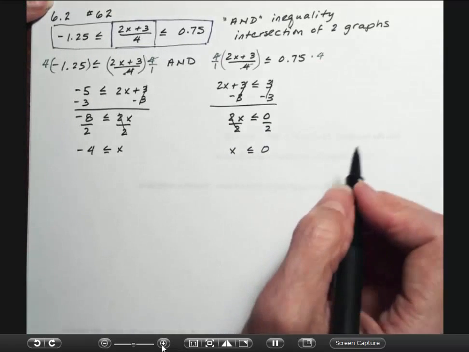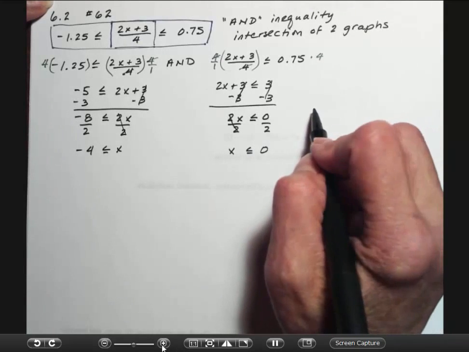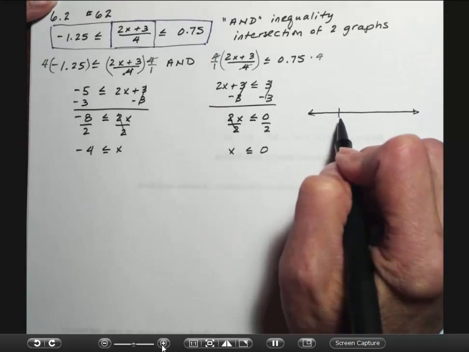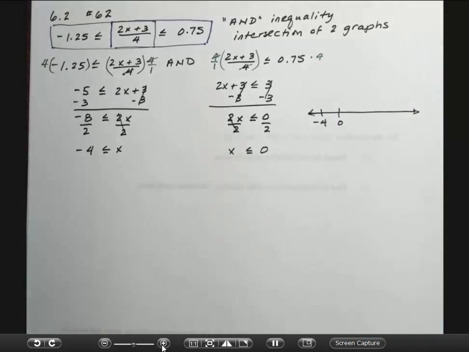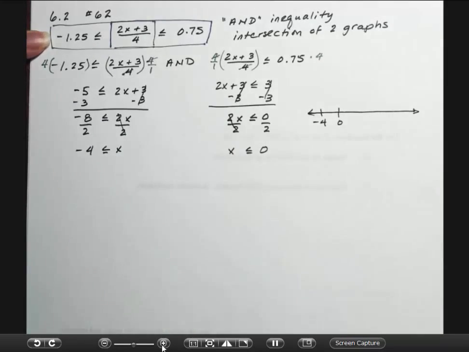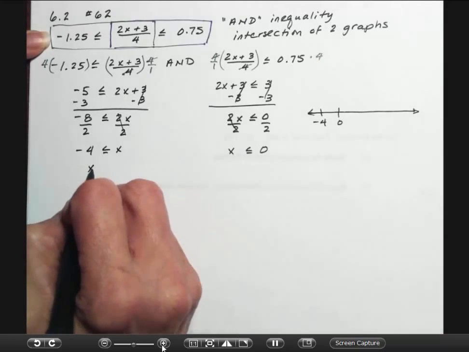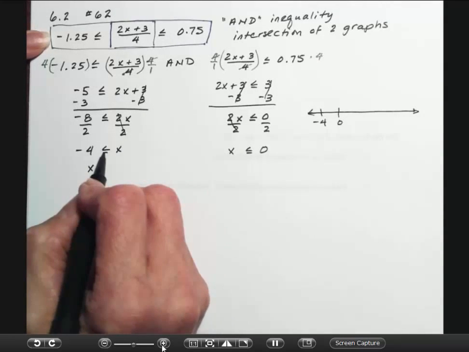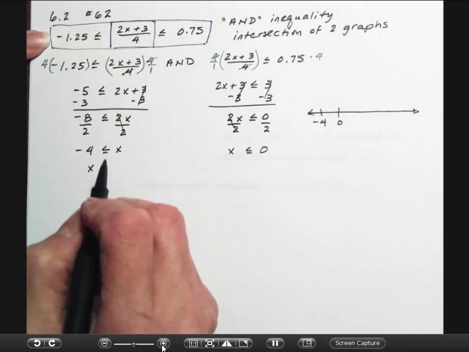Then I'm going to make myself a number line with my answers on it. Here's my number line, here's 0, here's negative 4, and my first answer is this one over here. It's kind of hard to read, so it might be helpful to rewrite this as x. Which way is the mouth? Is the mouth on the x or is the point on the x? Well, the mouth is.